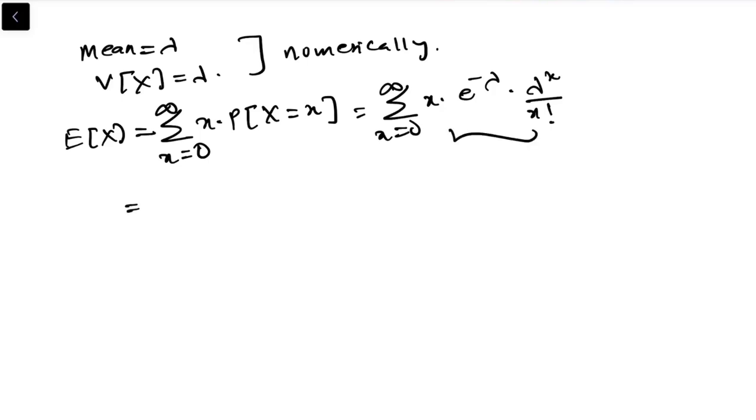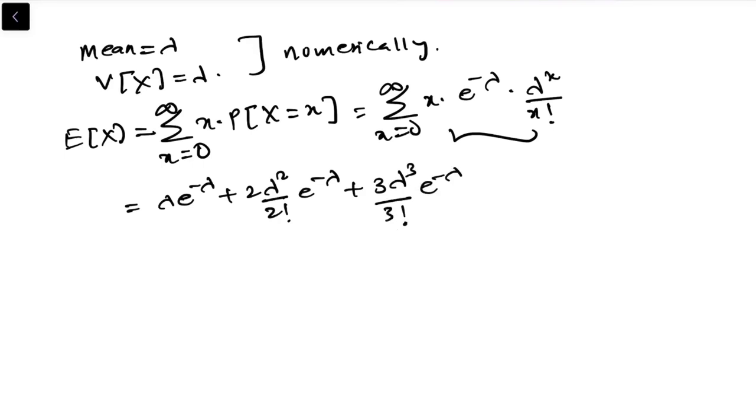So this is lambda e to the power minus lambda plus 2 lambda square by 2 factorial e to the power minus lambda plus 3 lambda cube by 3 factorial e to the power minus lambda plus 4 lambda to the power 4 by 4 factorial e to the power minus lambda and so on.